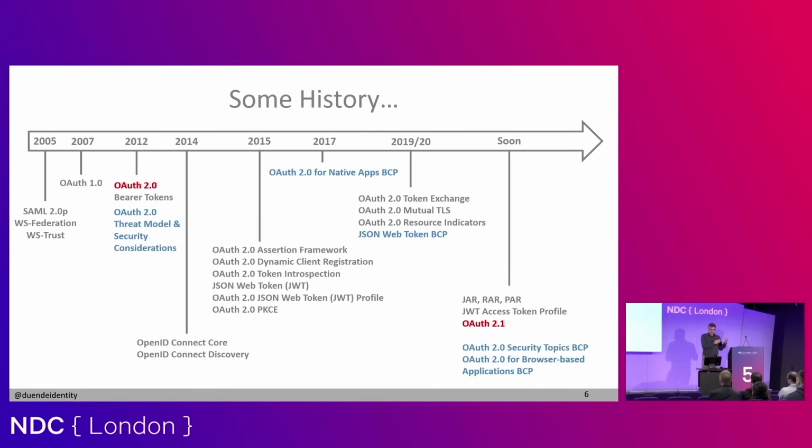And in the early 2000s, there was a need for something better, more flexible. And SAML 2, SAML version 2.0, was invented together with WS-Federation and WS-Trust. These are protocols that have flows that work based on normal web primitives.